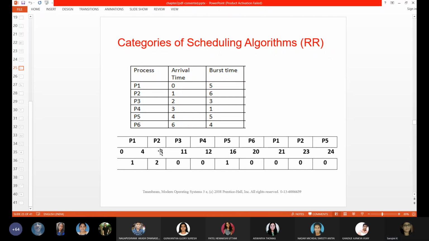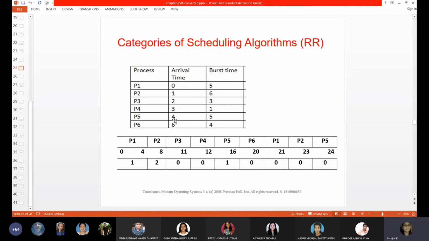Now process P2 comes in the next milliseconds. When process P1 completes its 4 milliseconds, all the processes except P6 will be there.